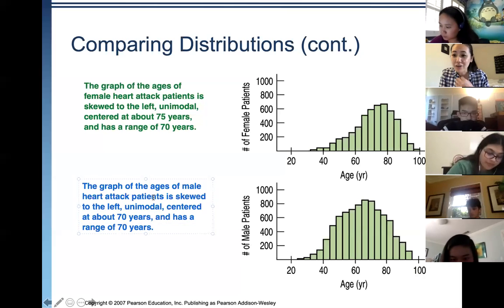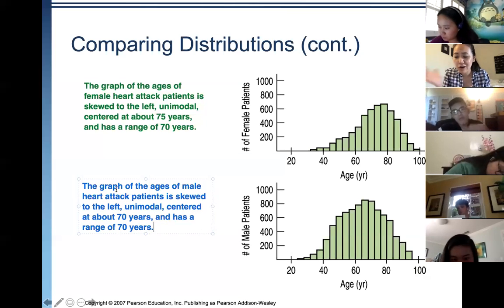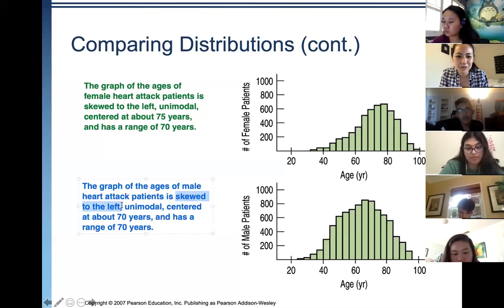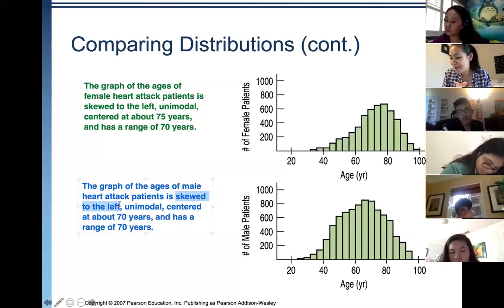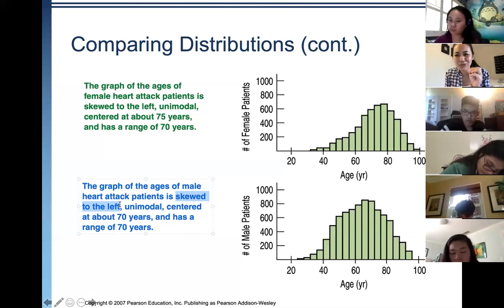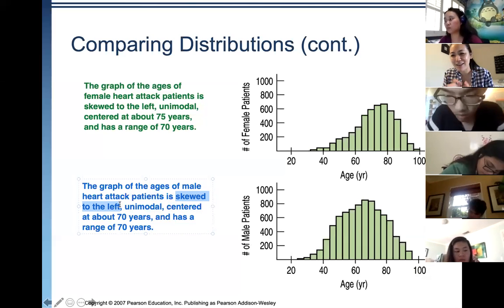All right, great. So you have context and you hit everything in SMUCs. There's no unusual features, so you didn't have to mention it. I think the only thing that some people might have slightly different than you is the skew to the left. Did anybody say symmetric? Yeah, some of you? I think you can make an argument either way. There might be a slight skew to the left, but it's not even quite there.